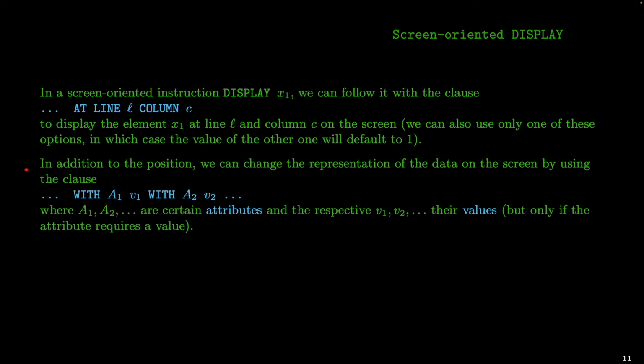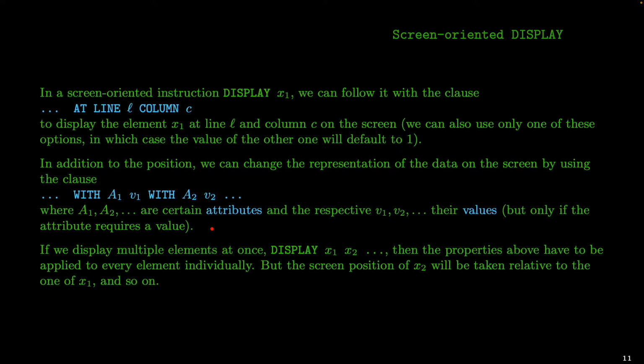So we can do some formatting of the following type. So we have the with clause, and we have several instructions here with A1 V1, with A2 V2, and so on, where these A's are certain attributes that we can control, and the V's are simply the values that we set for these attributes.